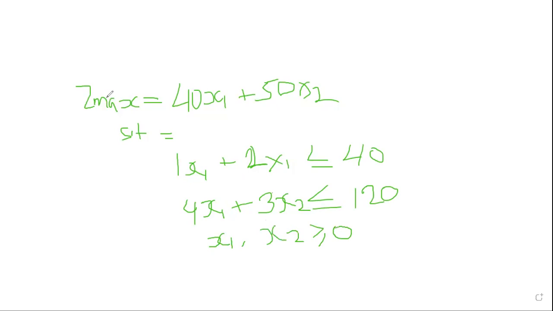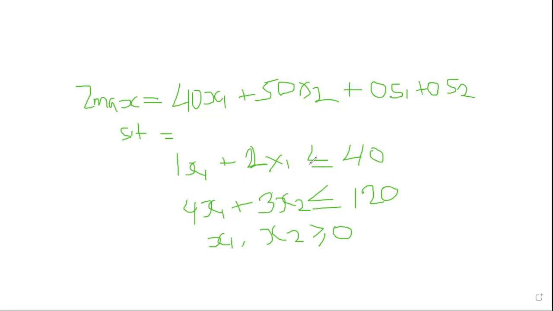We introduce the number of slacks based on the number of constraints. So S1 for the first constraint and S2 for the second, and they carry zeros in the objective function because they contribute nothing to its value.